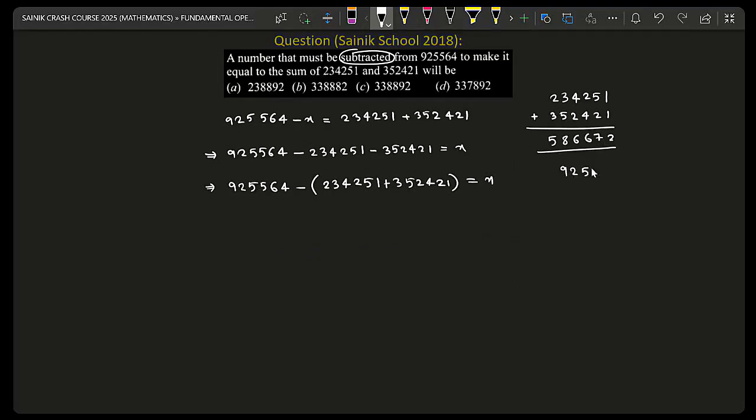Subtraction: 925564, from this we are subtracting 586672. 4 minus 2 is 2. Next, we have to borrow. 16 minus 7 is 9.